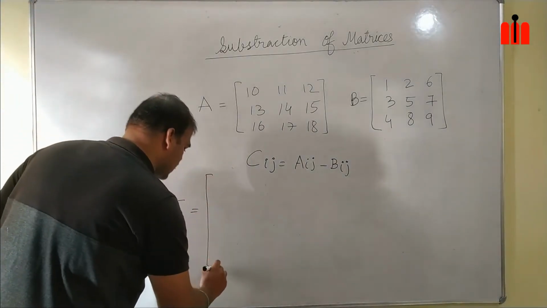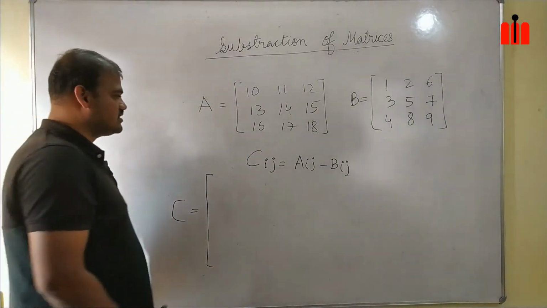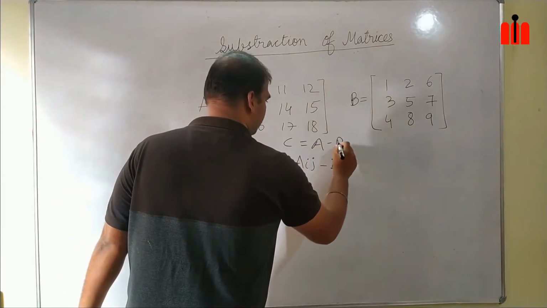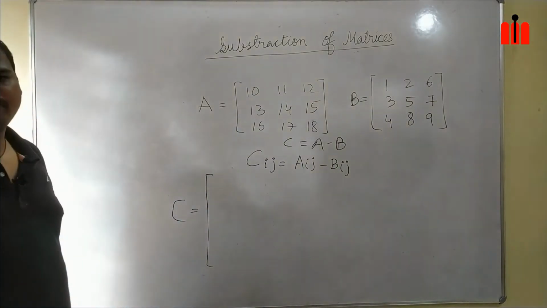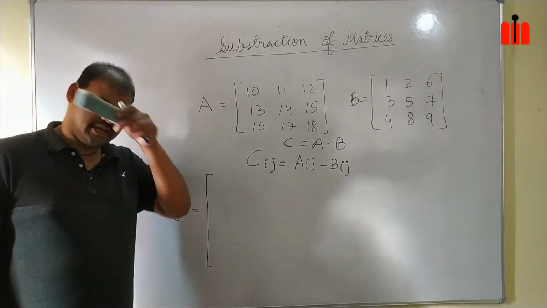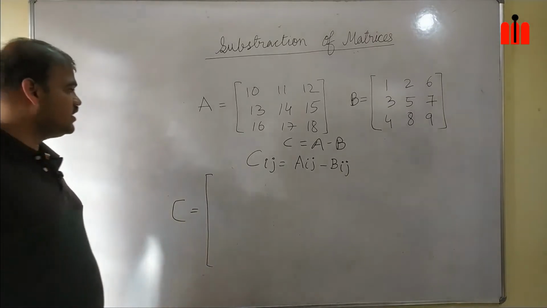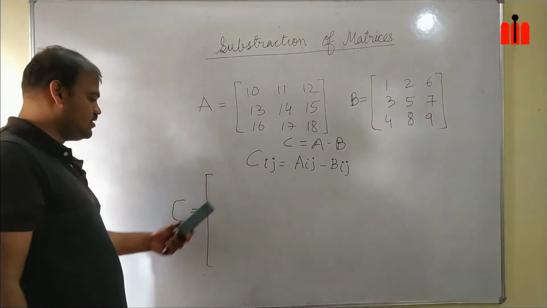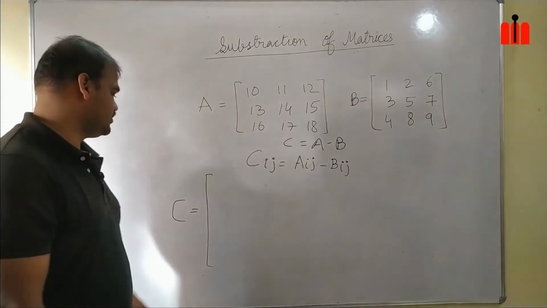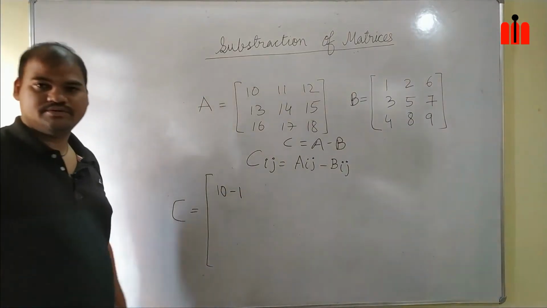So write it as C is nothing but A minus B. Let's write it down over here that C is the result of the subtraction operation between A and B. So C's first element, that is C11, is A11 minus B11, which is 10 minus 1.